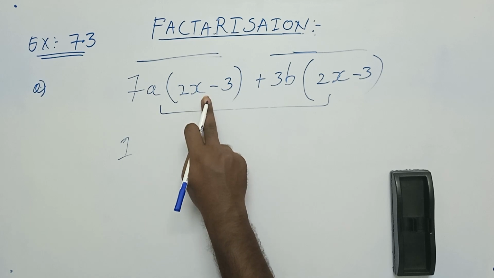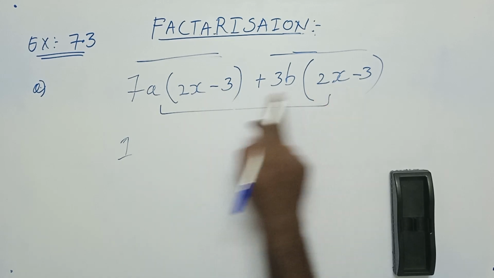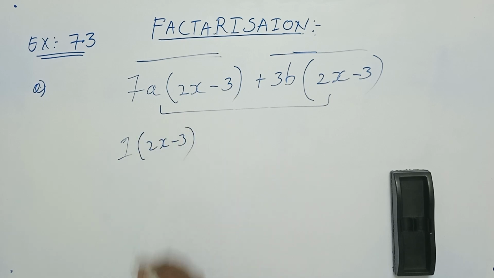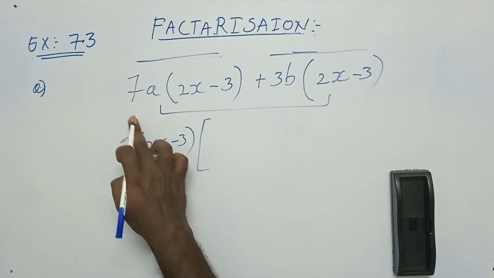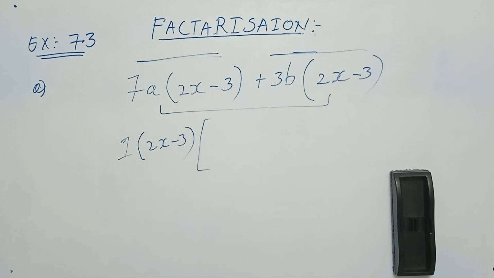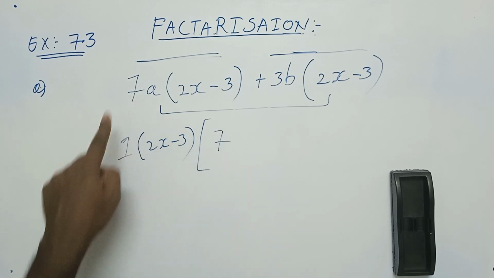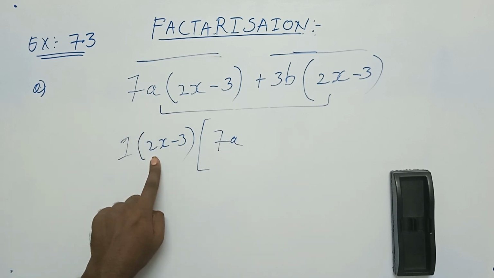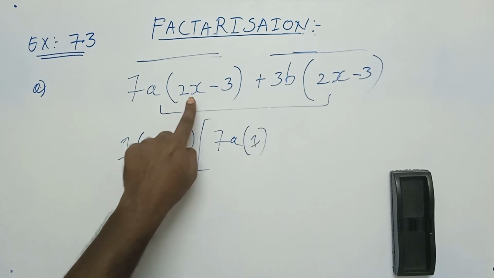So here we have (2x − 3) in this term and (2x − 3) in another term. So we will take (2x − 3) as their HCF, so it will become common. Now we are going to divide this whole expression by (2x − 3), right? So 1 into 7a is 7a, (2x − 3) times 1 is (2x − 3).